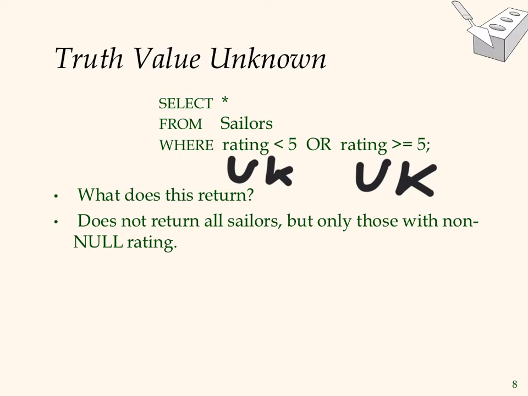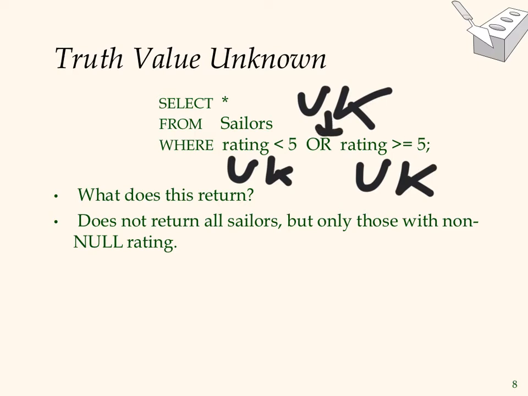And then when we do unknown or unknown, if you think of lazy evaluation, well, they could both be false. Or if you think of our half rule, that's the max of a half and a half, which is a half. So this or also evaluates to unknown.